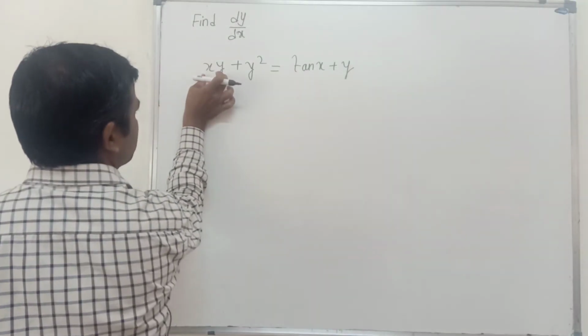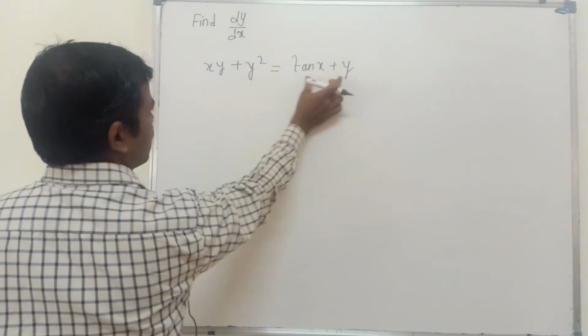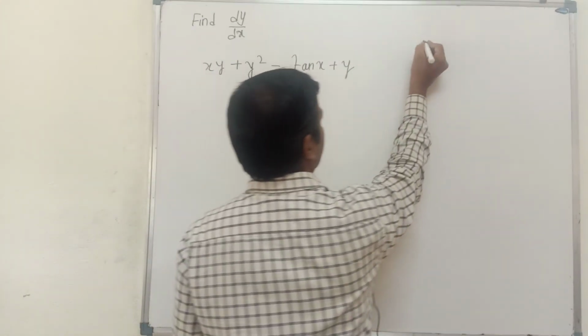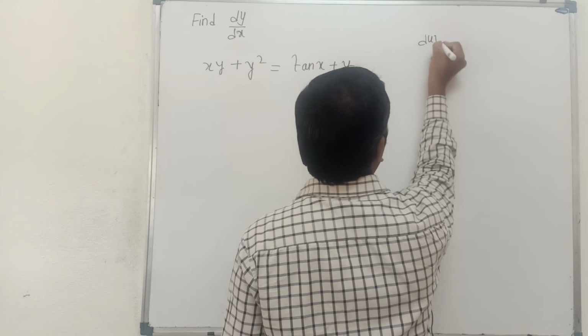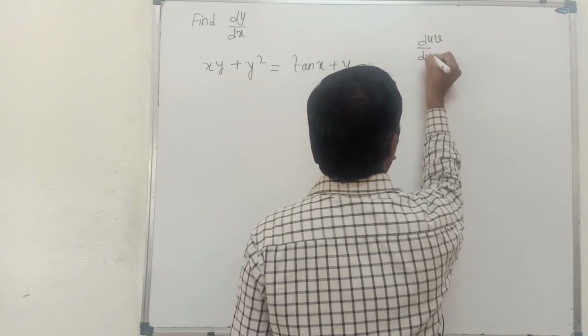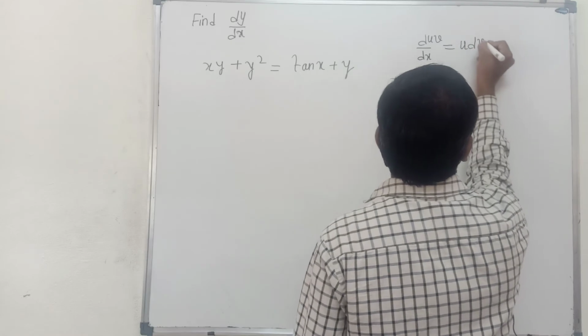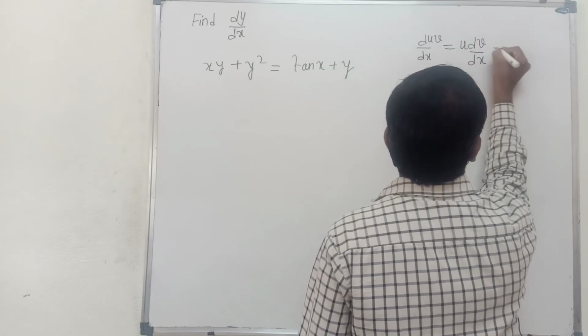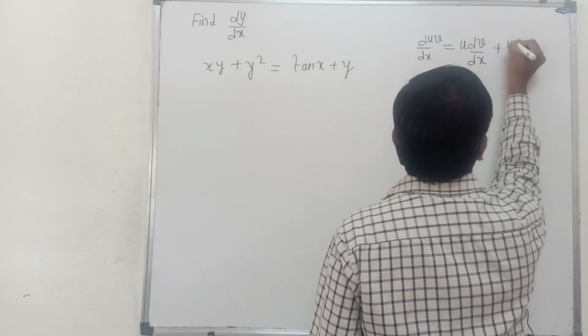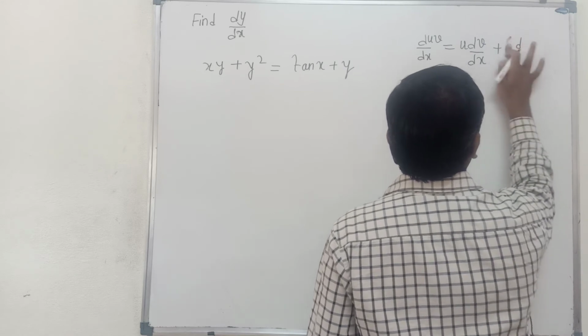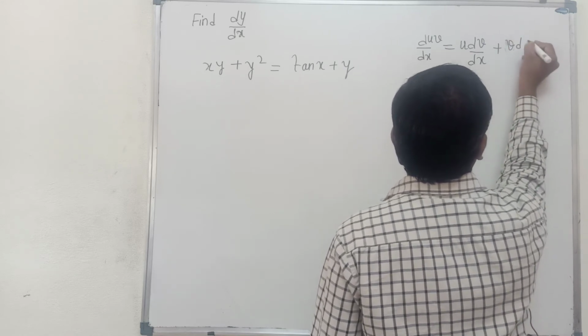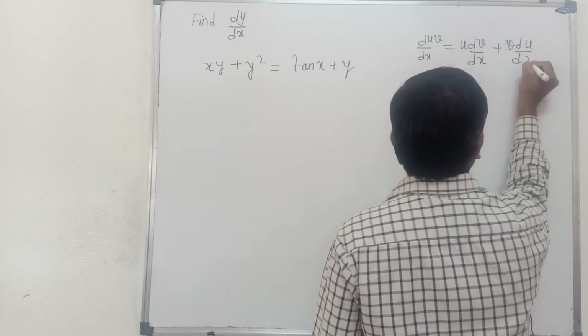We have to apply the product rule, and the sum rule too. First we use the product rule: the derivative of u into v, where u stays as it is, dv by dx, plus v stays as it is, du by dx.